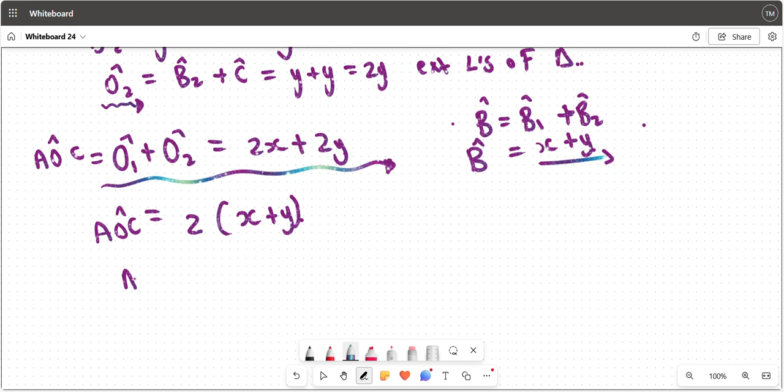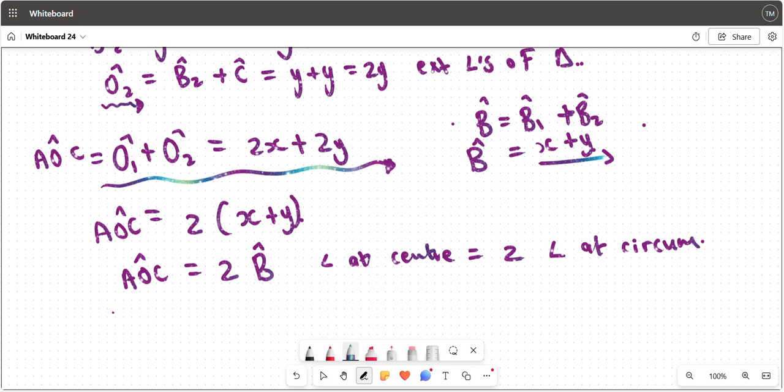And so AOC, we can now conclude, is equal to twice of B. And what is my reason for this? Angle at center equals twice angle at circumference.